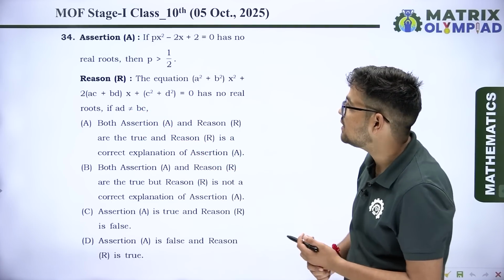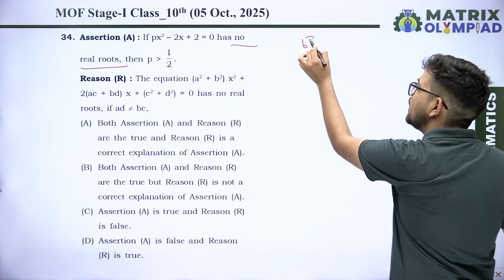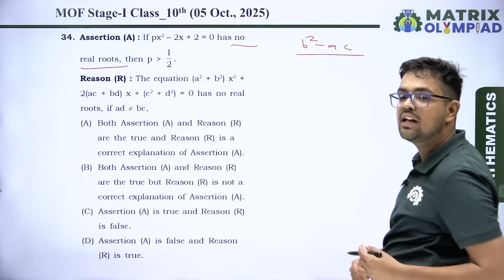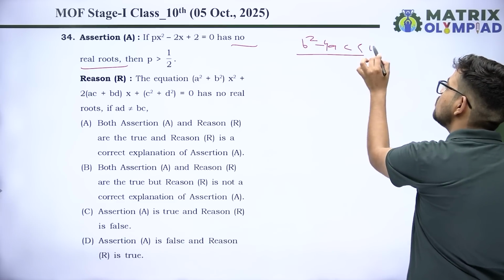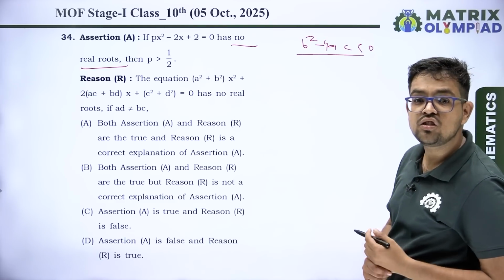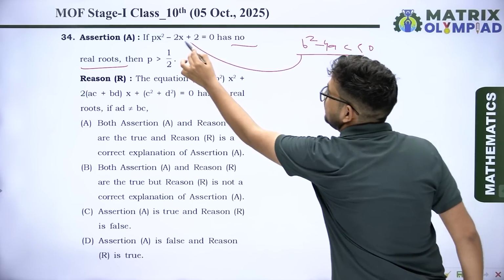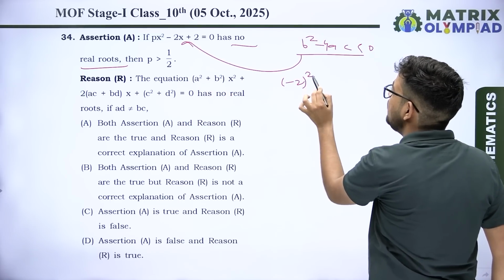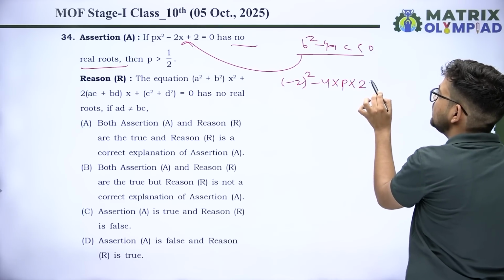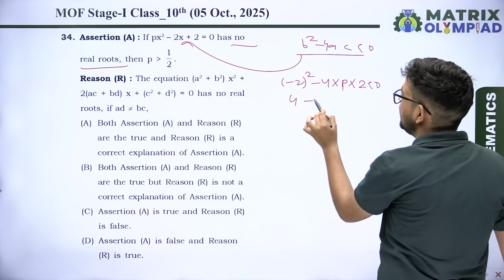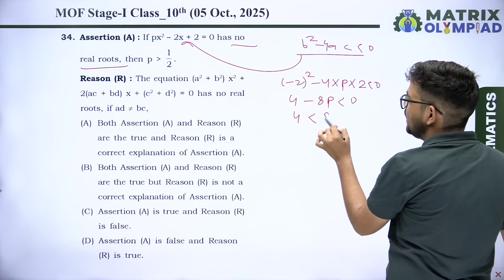First of all, check the assertion. तो has no real roots के लिए, quadratic equation ax square plus bx plus c में b square minus 4ac should be less than 0। तो यहां से compare करोगे तो b की value -2 है: (-2) square minus 4 times a की value p times c की value 2 is less than 0। तो 4 minus 8p less than 0, 4 is less than 8p.